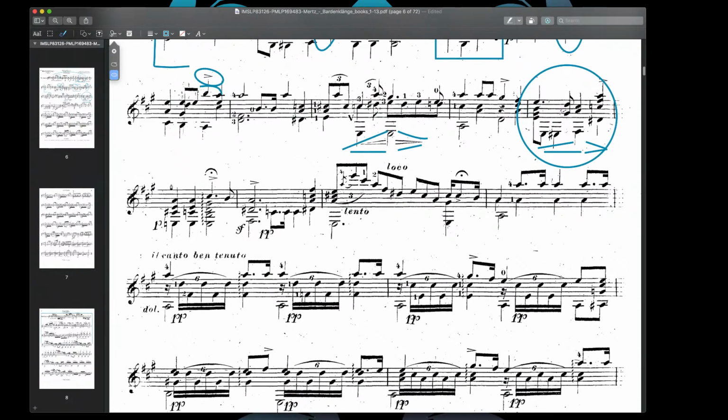And then finally on this line here, we've got, oops, I'm going to hang here. We have a fermata and an accent and a rolled chord. A lot of expressive tools indicated.